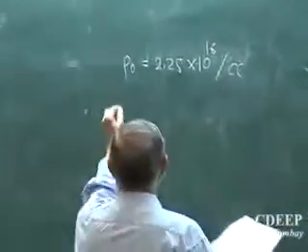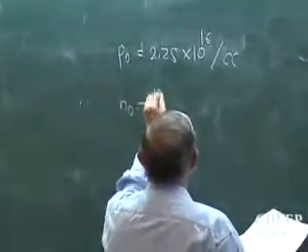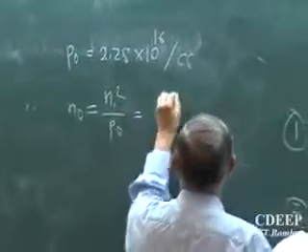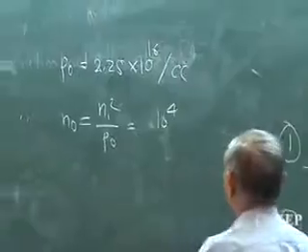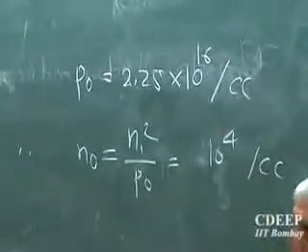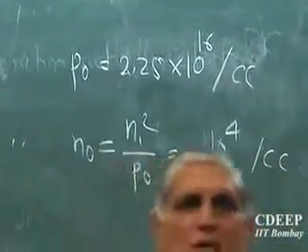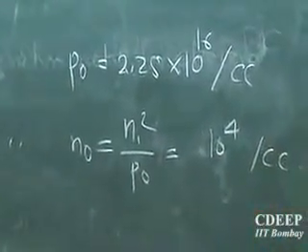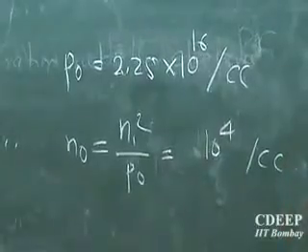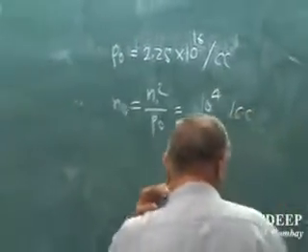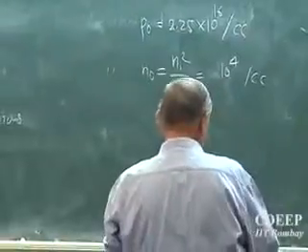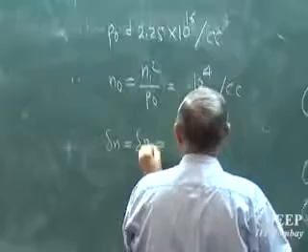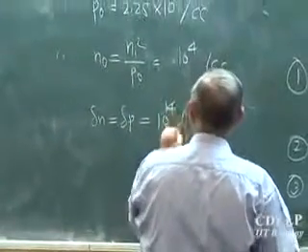So n0 is ni squared by p0, which is 10 to the power 4 per cc. Is that clear? For a p material, n0 is very small, p0 is very large. And let us say I shine light and the number of carriers, delta n equal to delta p, is 10 to the power 14 per cc.